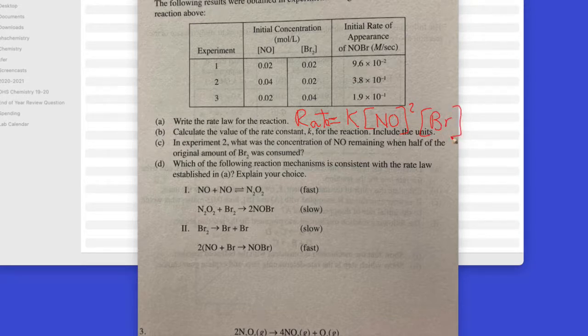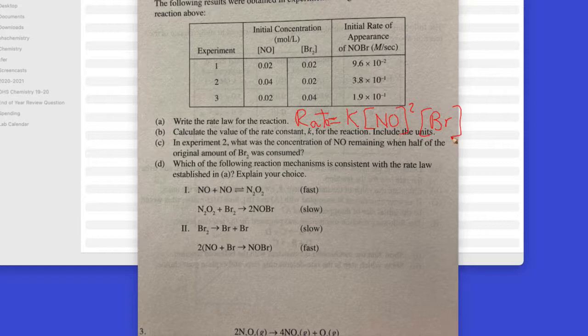And you understand if you just wrote that down, you're nowhere near okay, because you needed to have those logical statements that say something like, referencing trials 1 and 2, where bromine concentration is held constant and the concentration of NO is doubled, the rate of the reaction quadruples, therefore NO is second order.